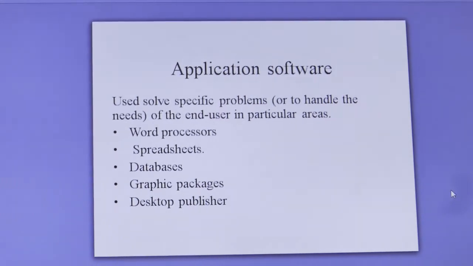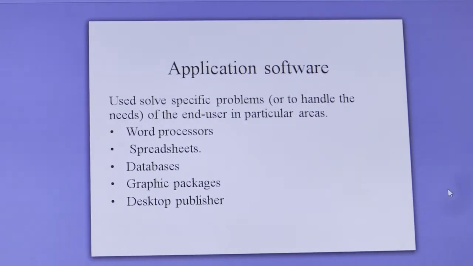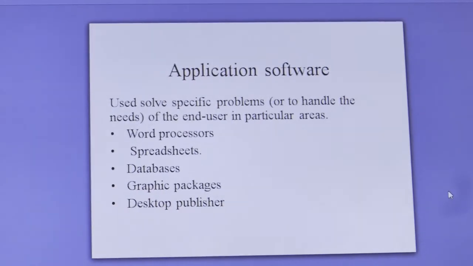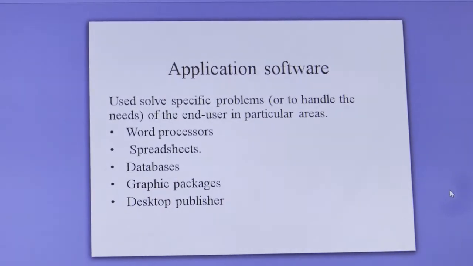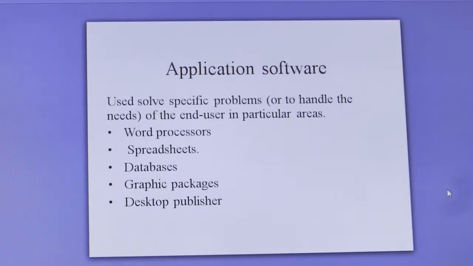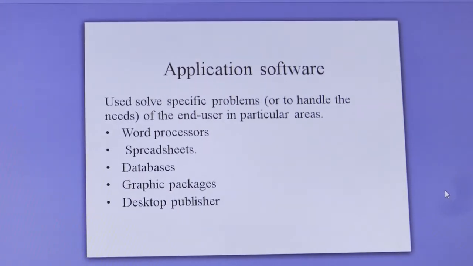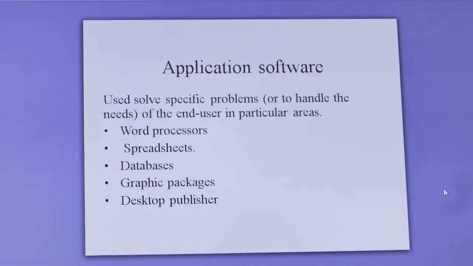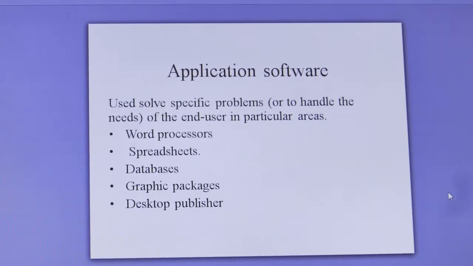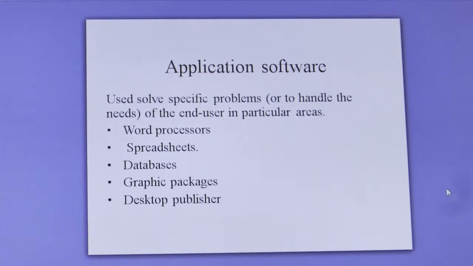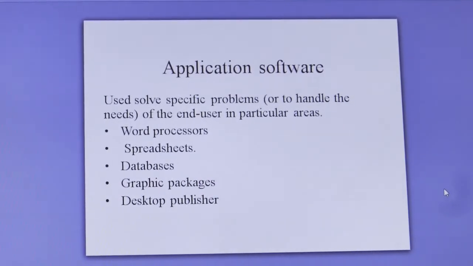Then application software. These are used to solve specific problems of the end user in a particular area. For example, word processors are the ones used to make documents. You can use MS Word, you can use WordPerfect, etc. Then spreadsheets.